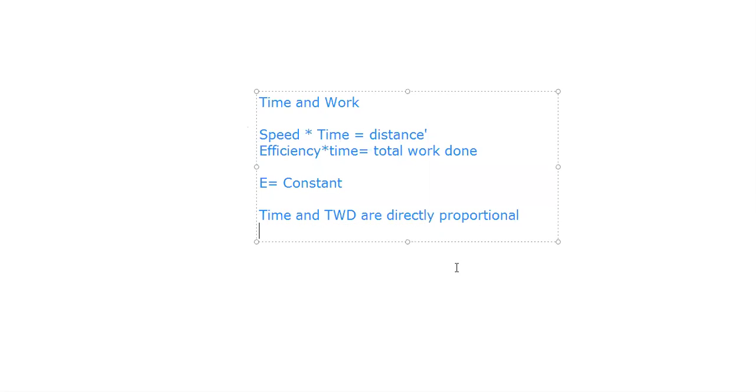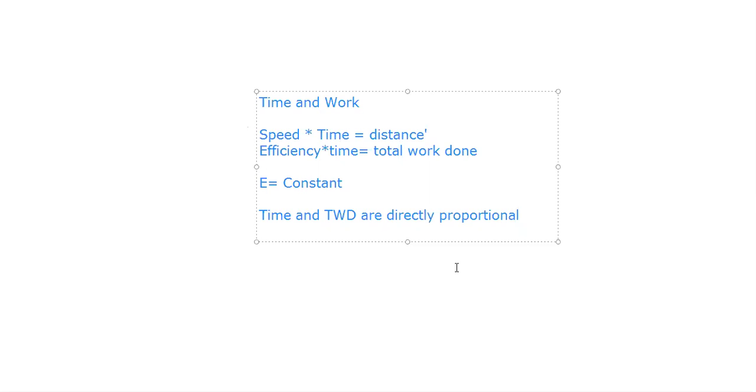The more the time, the more the work done when efficiency is constant. Okay, I eat 2 spoons of biryani in a minute. If I increased my time to 30 minutes, I would have eaten 60 spoons of biryani.